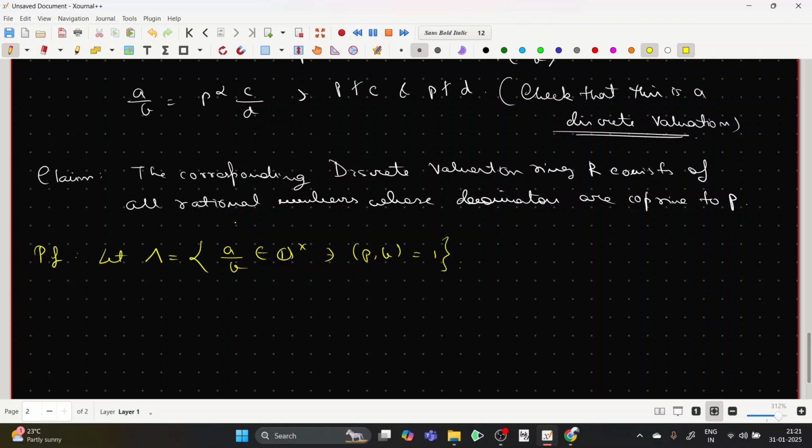Now we have a prime P, so P and B are co-prime. It immediately means that P does not divide B, right? You need to keep in mind that, because we will be making use of this.